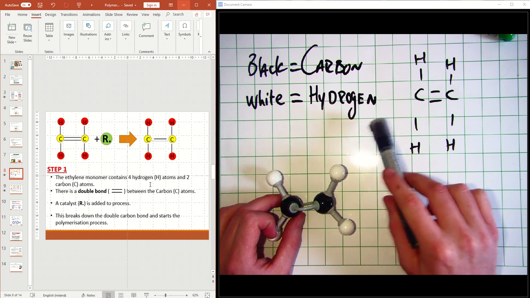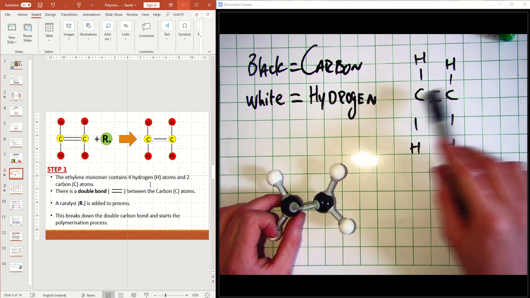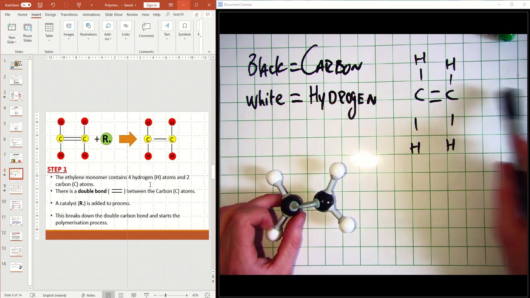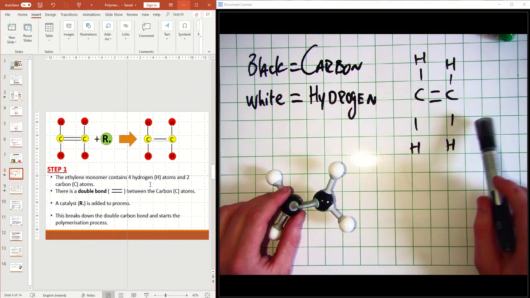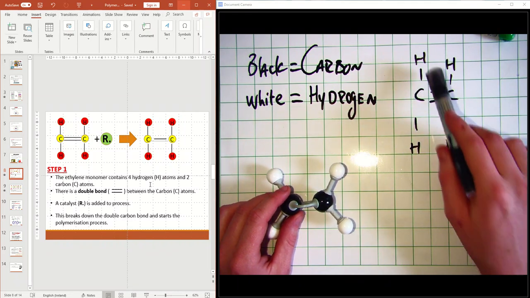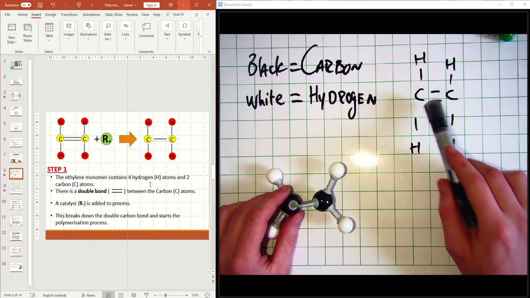Now, I want to create a long chain, to add all these carbon atoms together. I cannot add carbon atoms together if there's a double bond present. So I need some way to break down this double bond in order to add all these carbon atoms together.